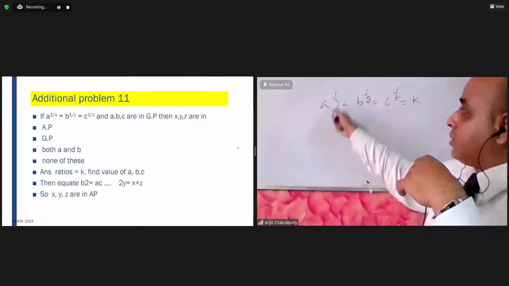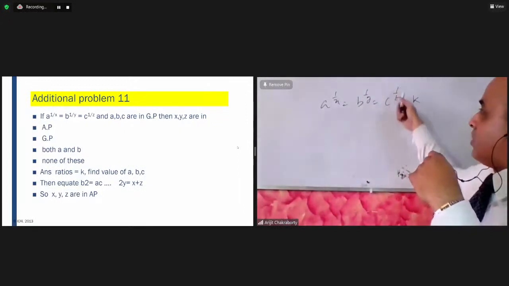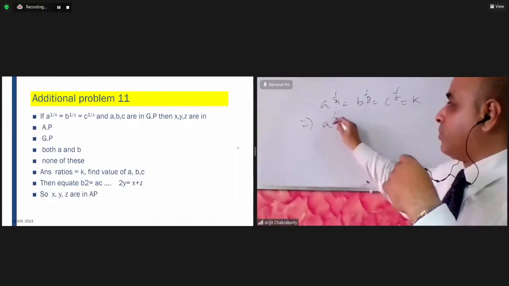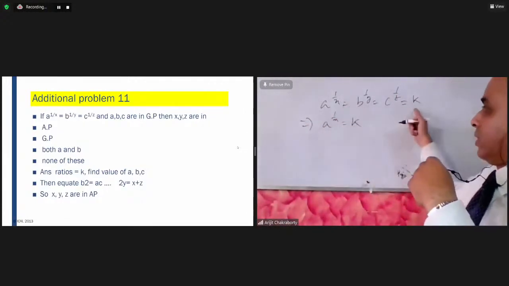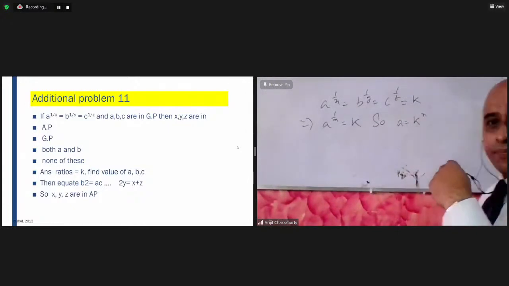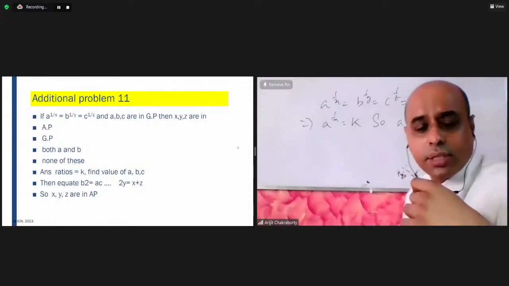Now let us see, a to the power 1 by x equal to b to the power 1 by y equal to c to the power 1 by z. If it is equal to k, then we can write a to the power 1 by x equal to k, definitely. So a is equal to k to the power x. This is based on indices. I hope you remembered your session on indices.